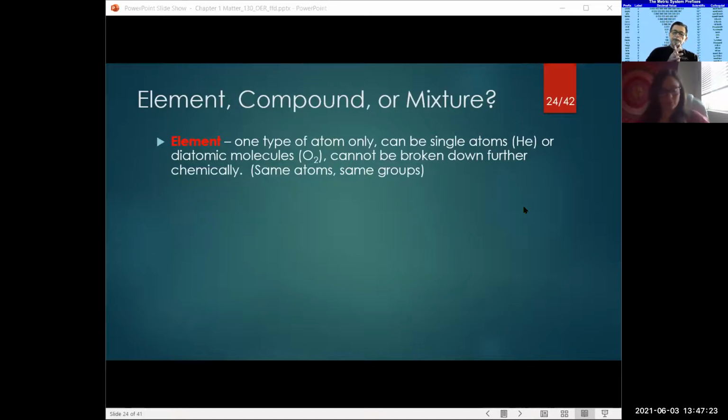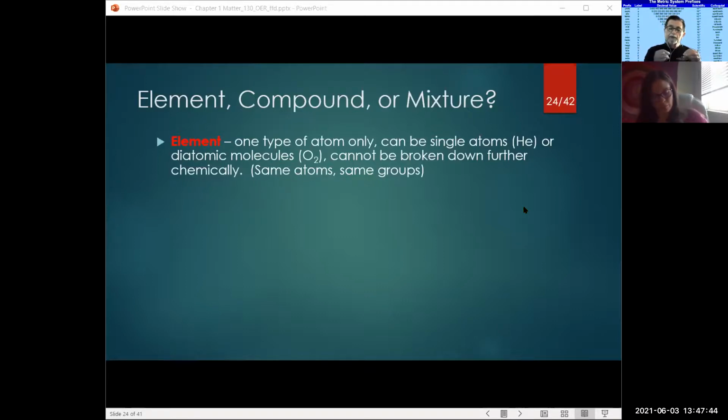Okay, and they're getting there. Now it's one type. An element is one type of atom only. It can be a single element, or like I stated earlier, it could be a diatomic, simply because by themselves they're not very stable here on our conditions.